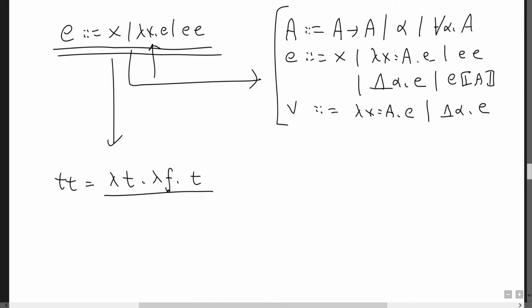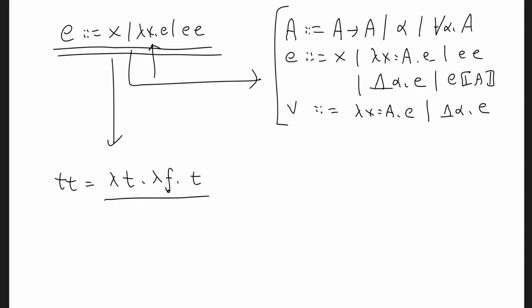So in this case, perhaps we can easily figure out the intended meaning of this expression from the careful choices of these two variables, T and F. But in many cases, it's very hard to figure out the meaning of a given expression because there is no type information here. But things are very different once we introduce types, because type tells you the intended meaning of the given expression in many cases.